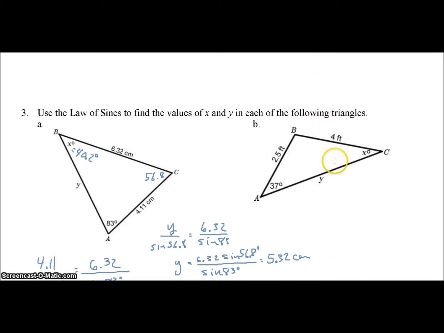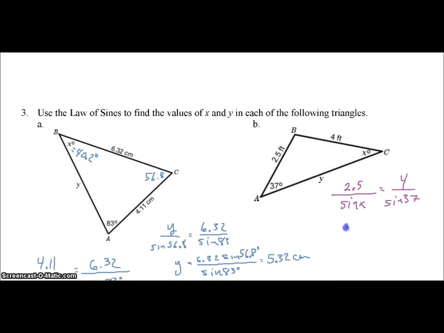Okay, so now let's find x and y once again. So 2.5 over sine of x equals 4 over sine of 37.